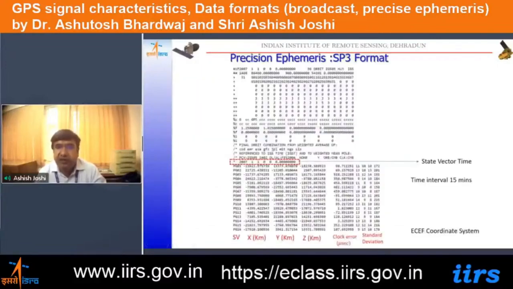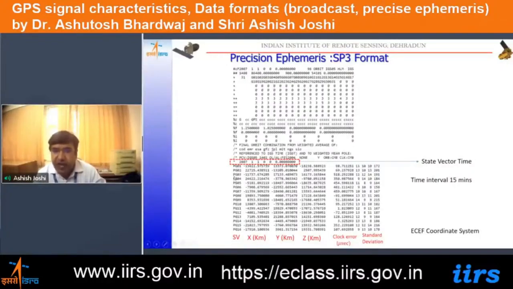So how will the precise ephemeris be contained? Basically it is represented in the SP3 format. So what is the SP3 format? It contains a header section and a data section. In the data section, first we can see the state vector time, and at this time it has these positions.